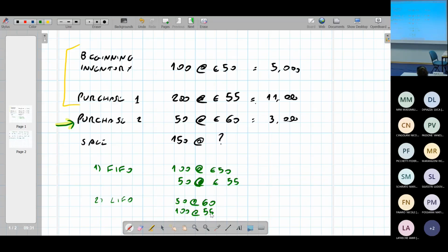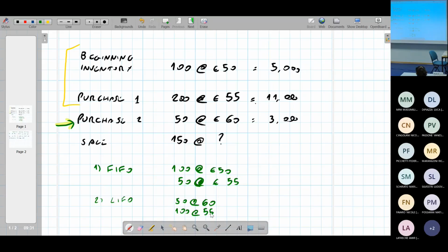Remember, this is not the physical flow of the inventory. It's just an assumption. In reality, FIFO is probably closer to the physical flow of the inventory, and LIFO is probably not very realistic.